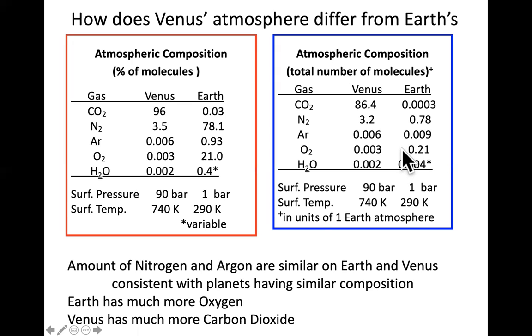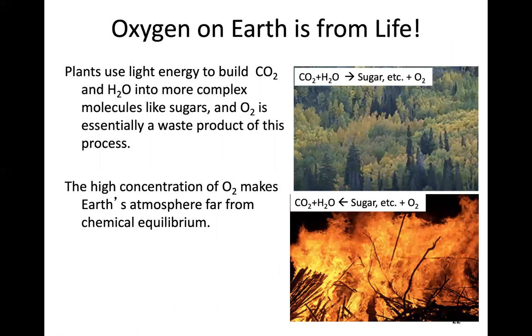Now, there's a natural explanation for both of these. Why does Earth have more oxygen? Well, because Earth has life. The oxygen in our atmosphere is from plants. Plants take carbon dioxide and water and convert it into wood, stems, various solid materials, which produces oxygen as a byproduct.